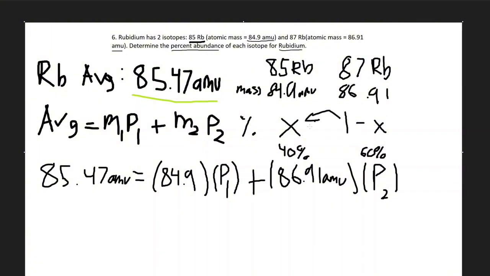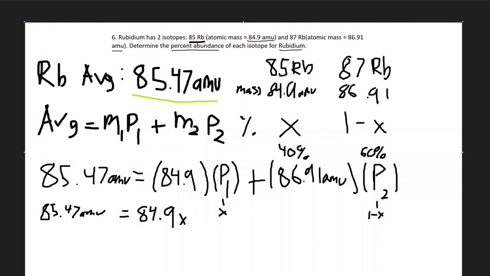I could switch them and it would still give us the same answer for P1 and P2. So let's imagine the first as x, and this as 1 minus x.